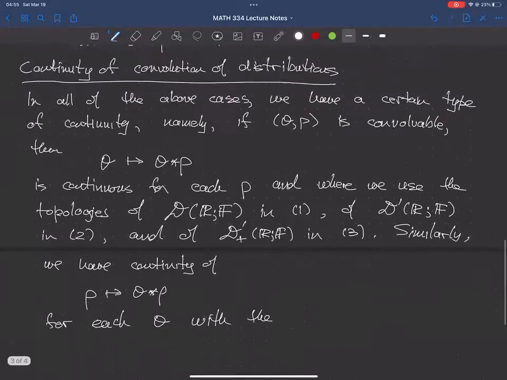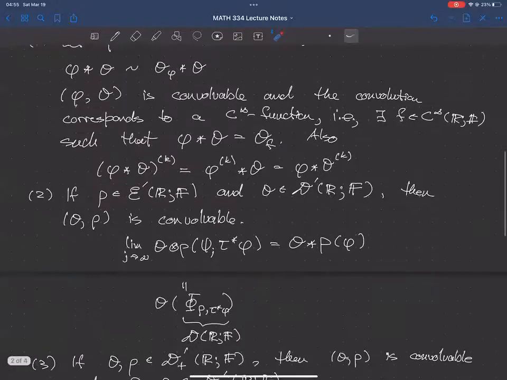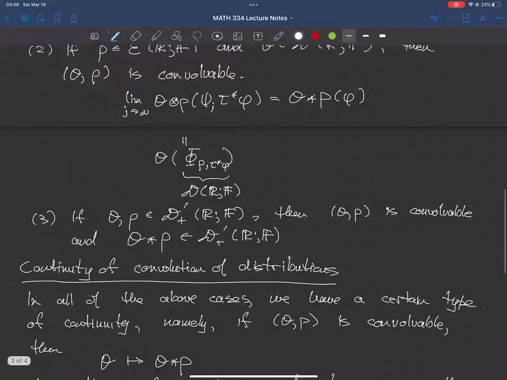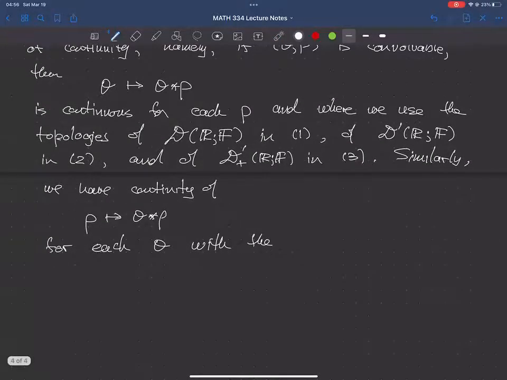Okay, so that, just to be clear, in case 1, the role of rho was played by theta here, so theta was in D prime. Here rho is in E prime, and here rho is in D prime plus. Okay, so those are the topologies that I'm talking about. Okay, so let me just say with the suitable topologies.